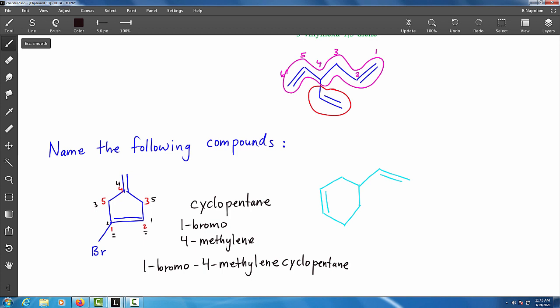Okay, that would be the correct naming, because as I said, if I use the black direction, that would give me the bromo on 2 instead of 1.